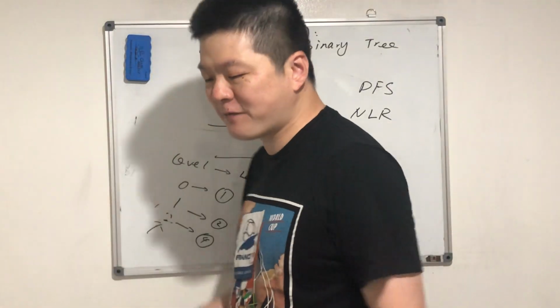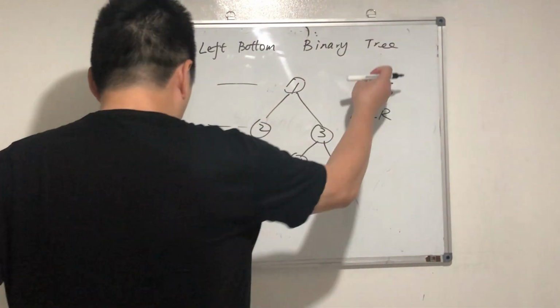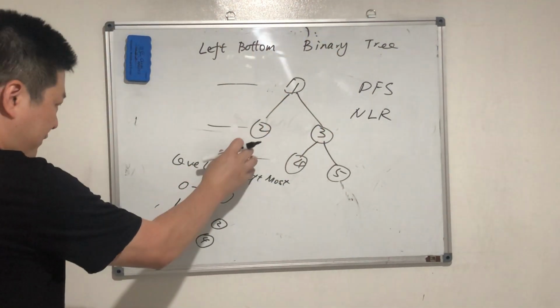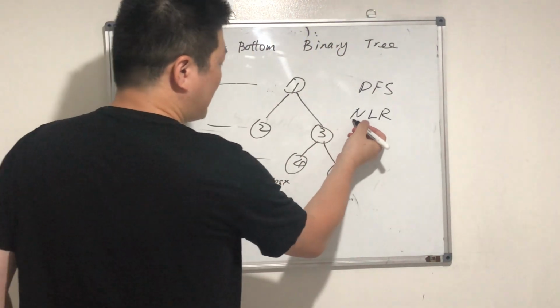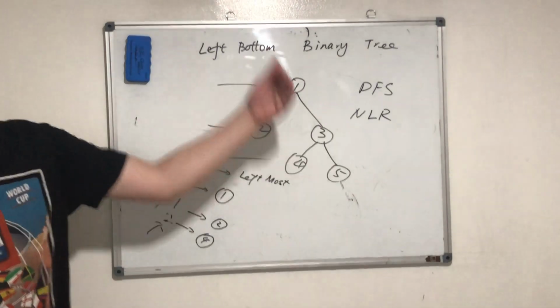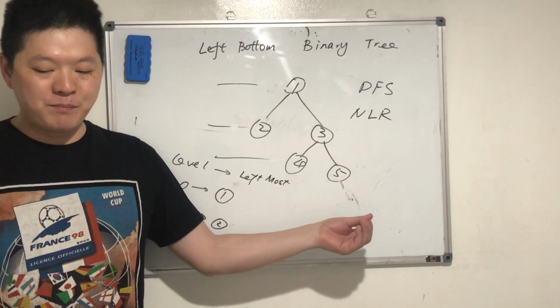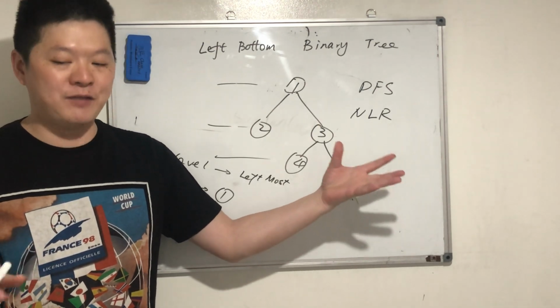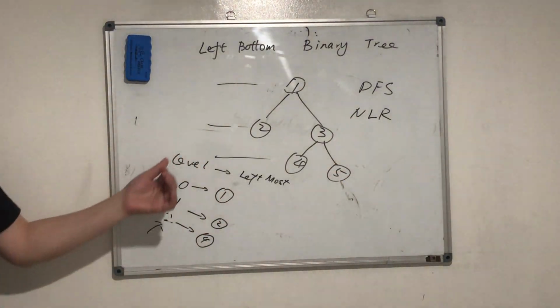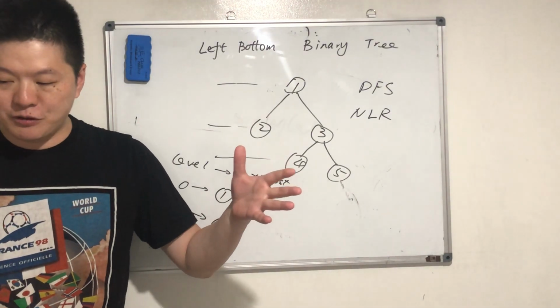We use recursion: visit the current node, then the left node, and then the right node. That is the pre-order, implemented in recursion, which uses the stack by default. Then we use a hash map to store the mapping.